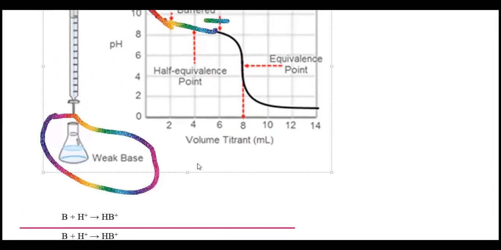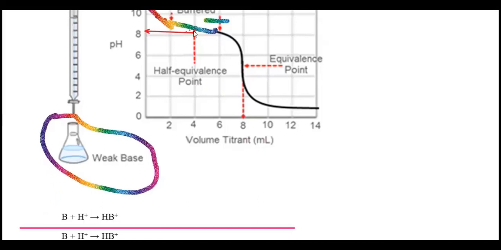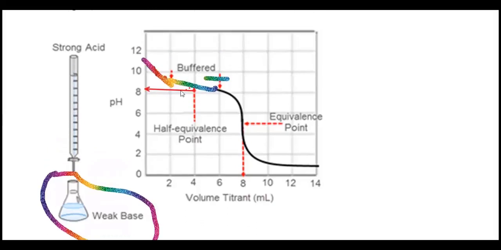One thing that's a little tricky: we still have a half equivalence point, maybe at 8.5, 8.6. Now, a common error is at the half equivalence point. If you're interested in the base, the pOH will give you the pKb. If you want to find the strength of the weak base, don't use this number. That's the pH.